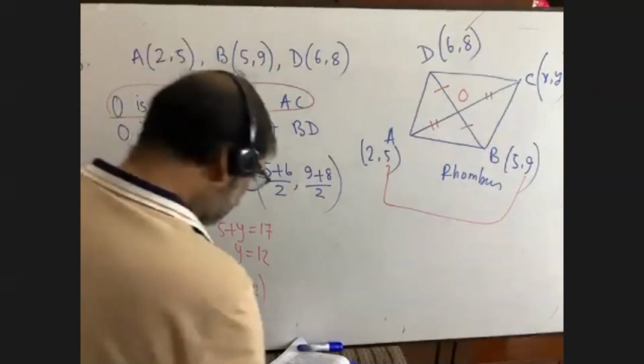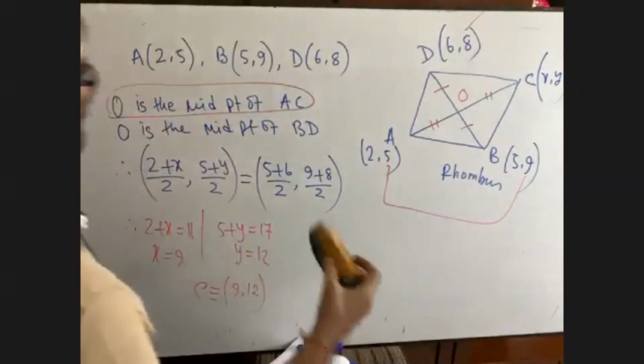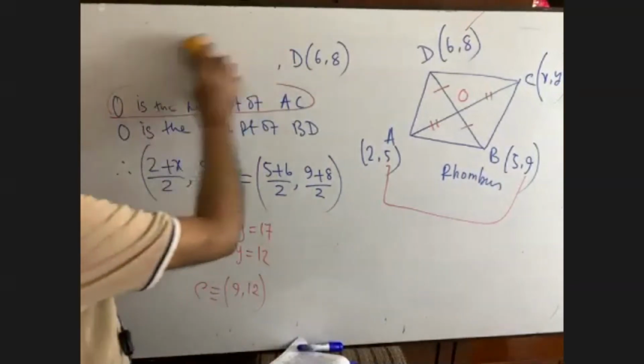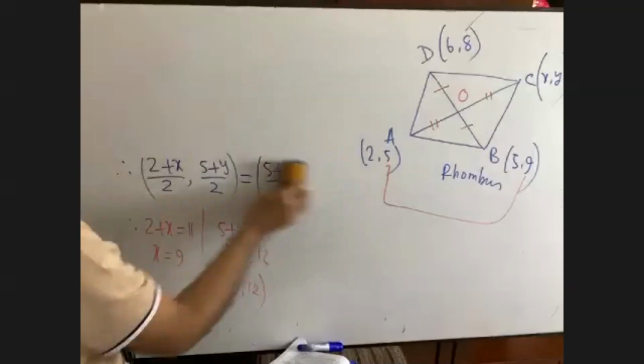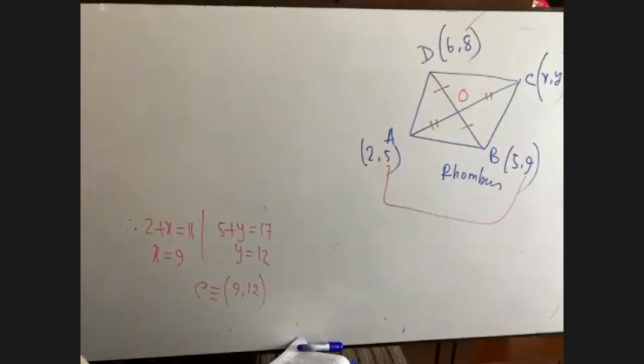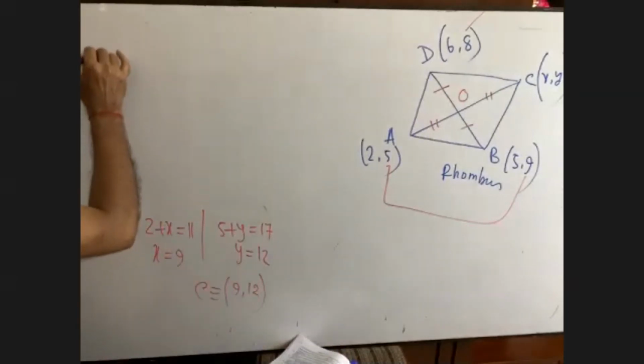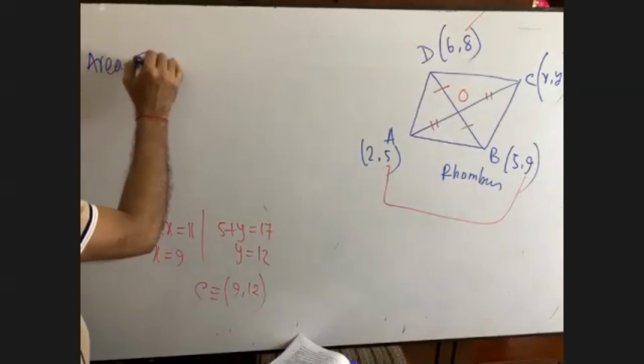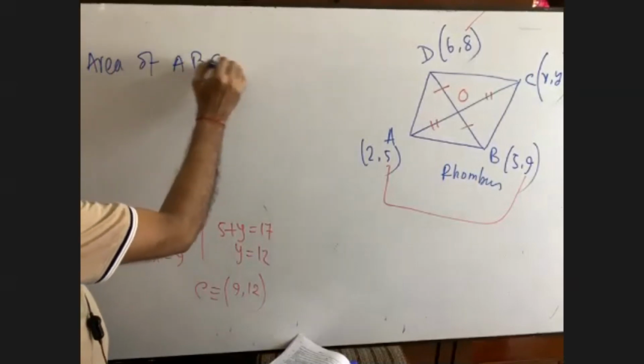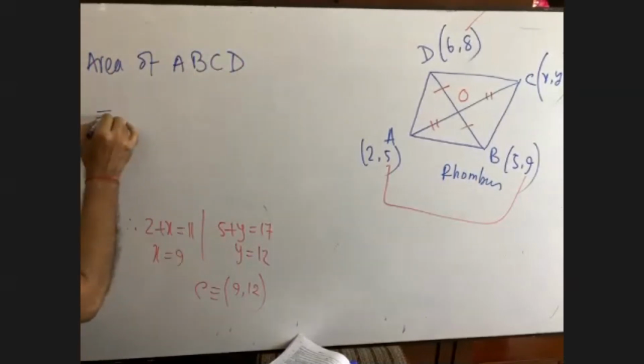Now the next question is we have to find the area. How you will find the area? Area of the rhombus equals to what?